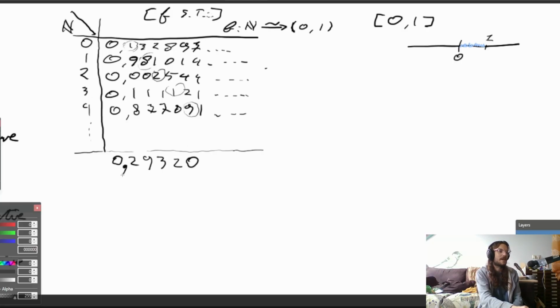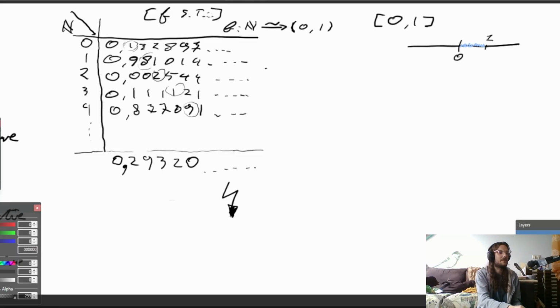And this way, we will construct a number that is impossibly hit by our function. Because if this number would be in our list, then you reach a contradiction because you would have changed one of the decimal points of this number. So this cannot possibly be hit by our function.